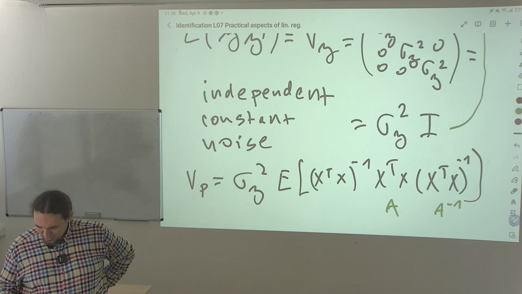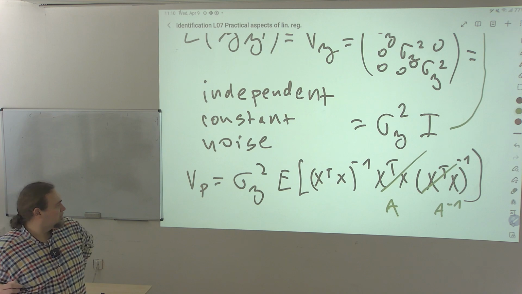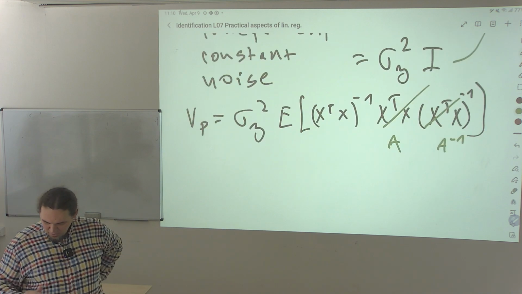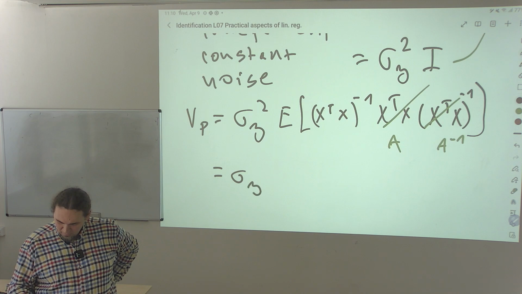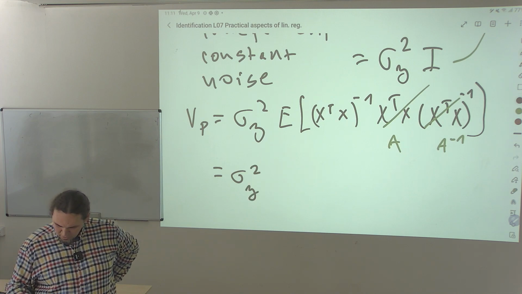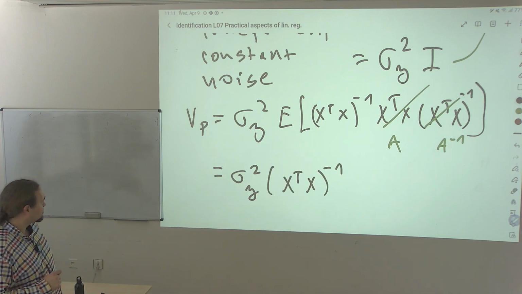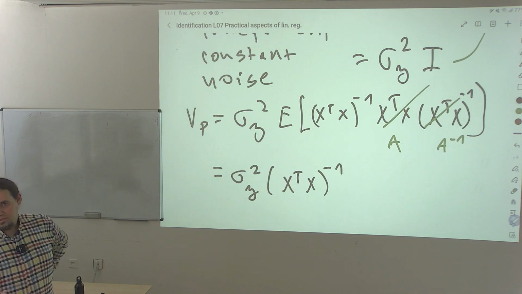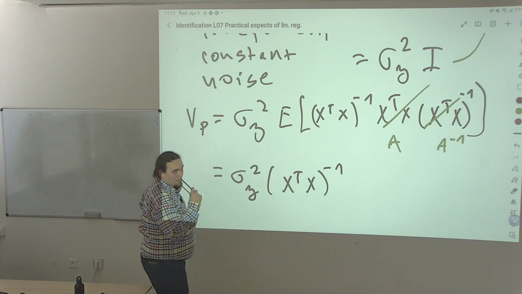So they just cancel out, or they become the unit matrix. So our final expression is just looking like x transpose x. Yeah. This is the variance of the parameters.